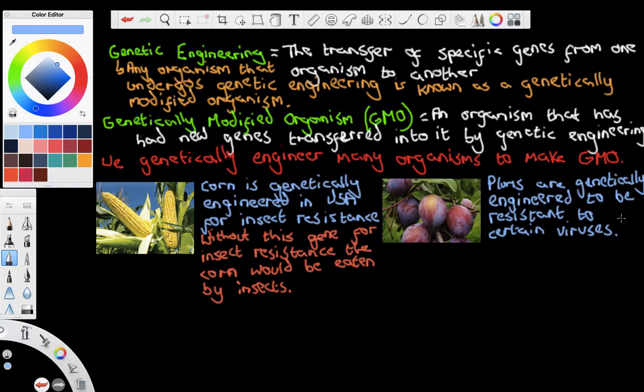We can give plums a particular gene which makes them resistant to viruses, and therefore they won't die of the virus. So we can say this stops plums dying of the virus. And that way we can grow lots of plums and we can sell them and eat them.